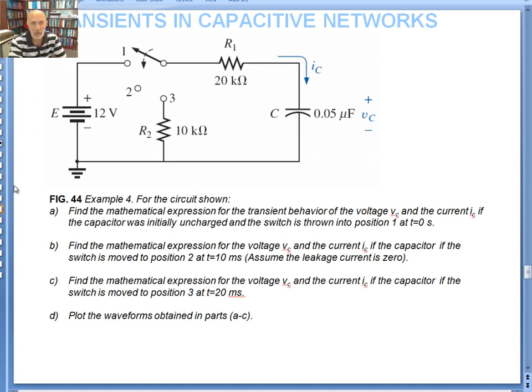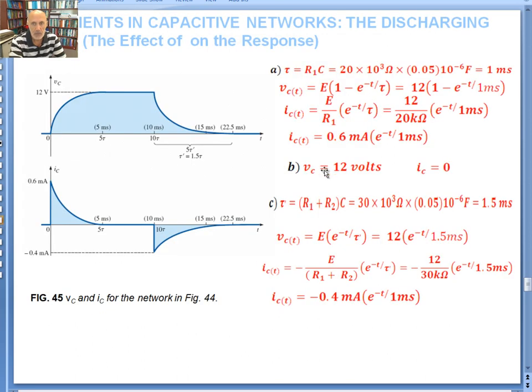But if you remember, the time constant is 1 millisecond, so after 10 milliseconds, that's already 10 times the time constant. So the cap is completely charged up to the full value of 12 volts. So for B, V sub C is equal to 12 volts. Cap is completely charged up.